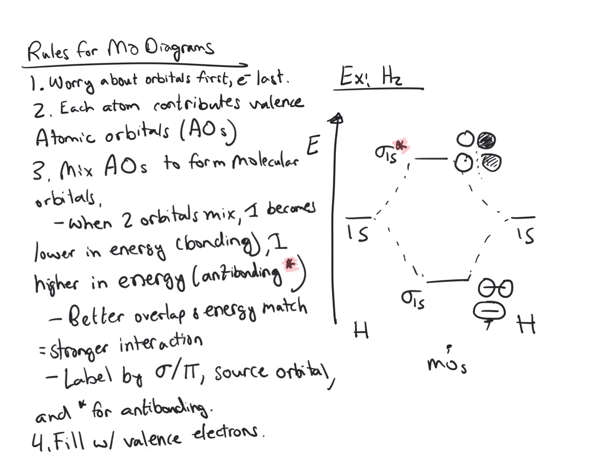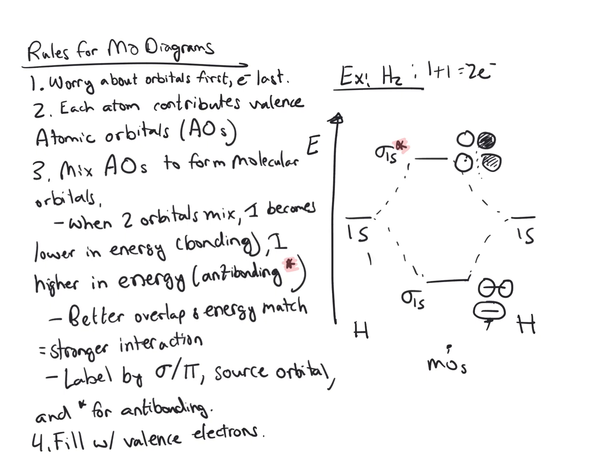Next, I'm ready to fill this structure with valence electrons. In this case, for H2, each hydrogen brought one valence electron. So I have two valence electrons, and the way those go in is the same way they would in an atomic orbital configuration. We fill the orbitals from low to high and put one electron in each orbital spin up before pairing them as necessary.